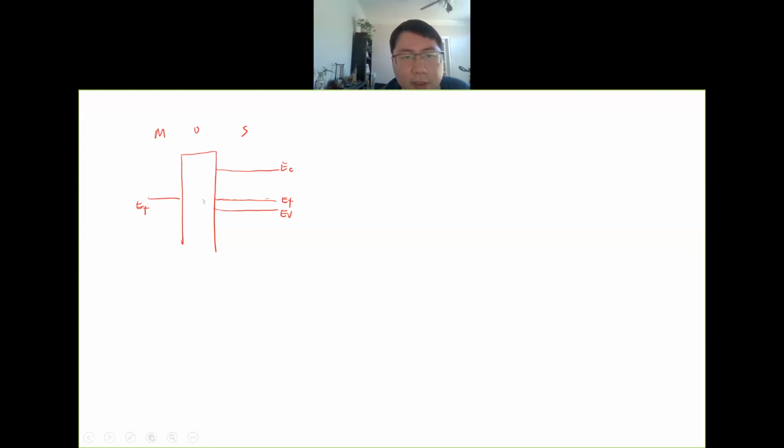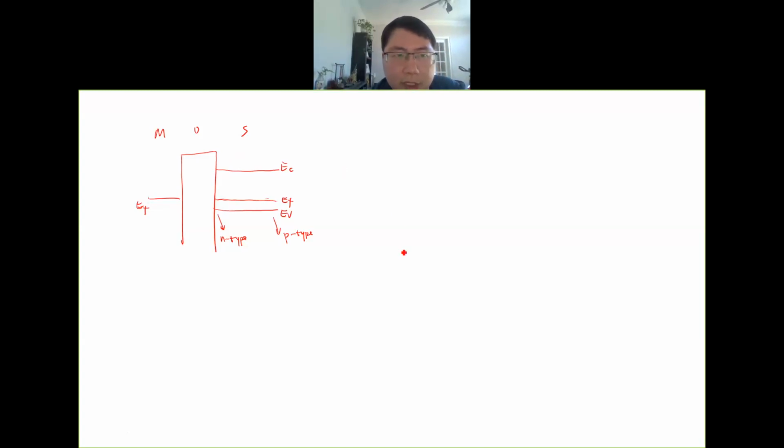Now you want to create the inversion of the channel. That means the surface will become N-type. So this is P-type, and you want to create the channel, which is N-type. So that means the surface needs to be inverted. That means you apply positive voltage to the gate.